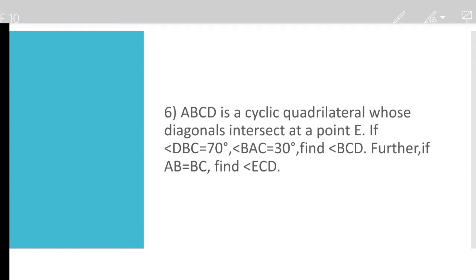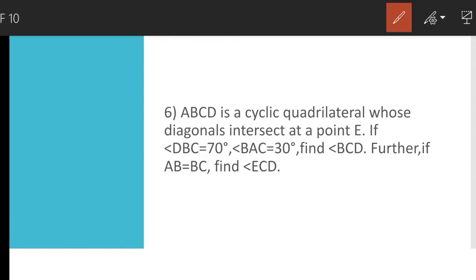Now sum number 6. In sum number 6 it says ABCD is a cyclic quadrilateral whose diagonals intersect at a point E. If angle DBC is equal to 70 degrees, angle BAC is equal to 30 degrees, then we need to find BCD.